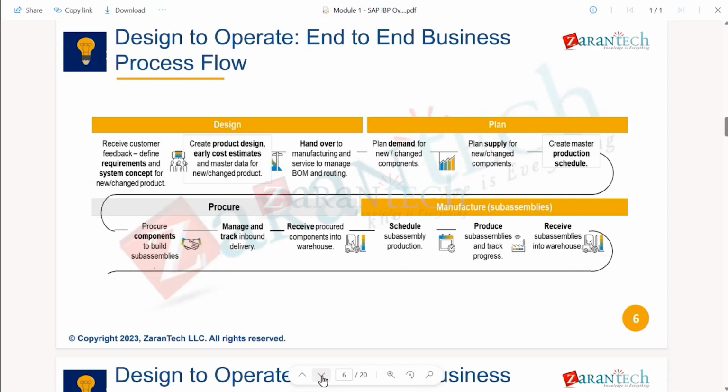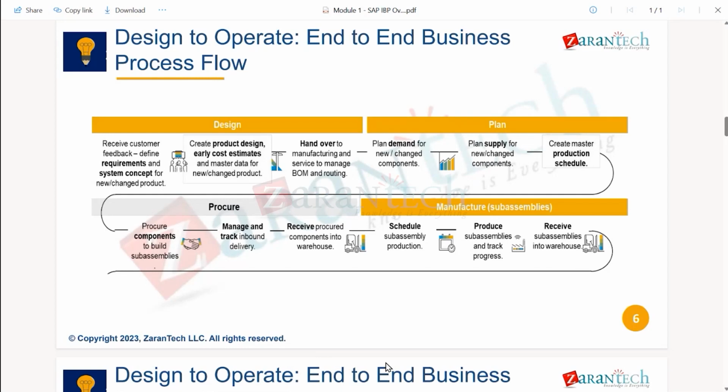Once the standard product is designed, it is manufactured at a mass level, and most of the time it is made to stock, whereas a specific design product for a specific customer is always made to order. The production or procurement of this starts only upon receipt of the customer order.